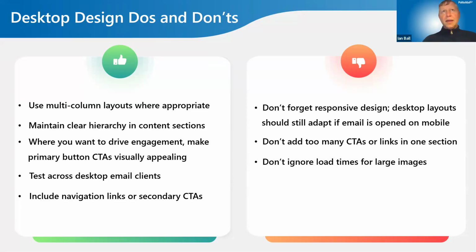So I'm thinking about that as I'm designing on a desktop. And one other quick thing, just don't add too many calls to action or links in your content messaging section. You want one or two primary calls to action for those sections. Too many links and you just start to get decision fatigue. So just keep it to one or two primary links in those sections.